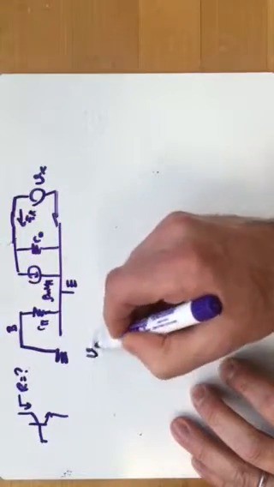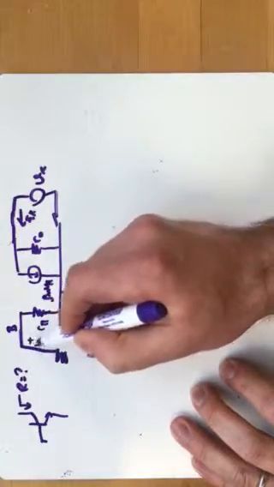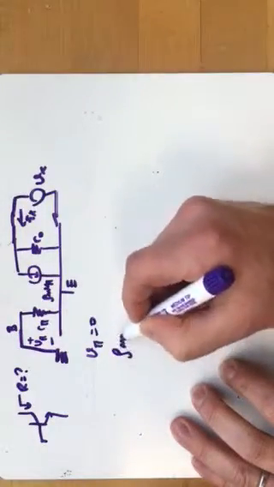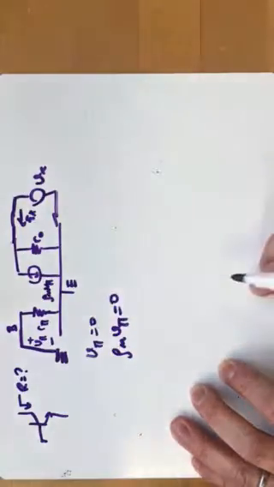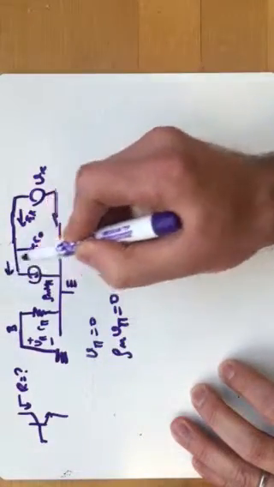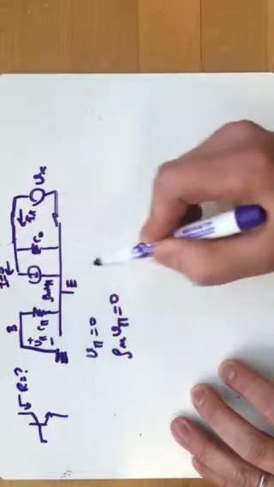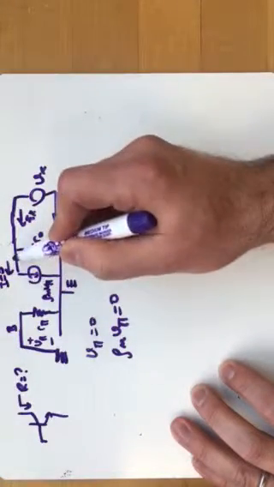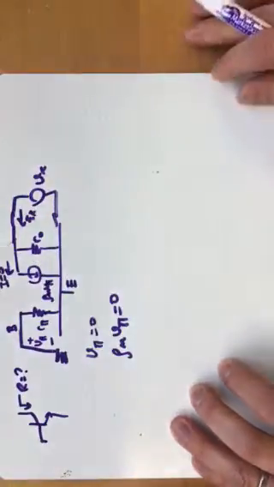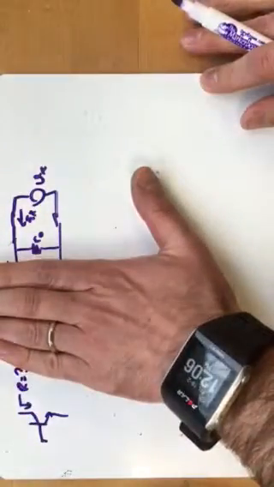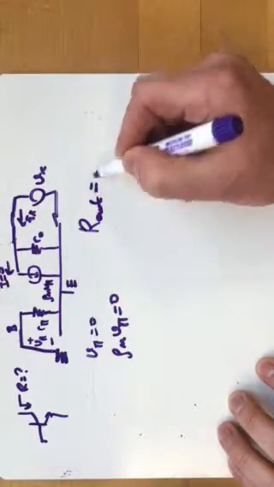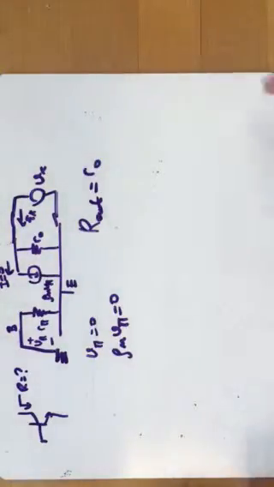That means we made the V pi, this voltage, 0. That makes Gm V pi 0. That means there is no current going in this direction. That doesn't mean that it's short. It's just there's no current. It's actually open. So it turns out the circuit to be just like this. So your output resistance in this case is your little RO.